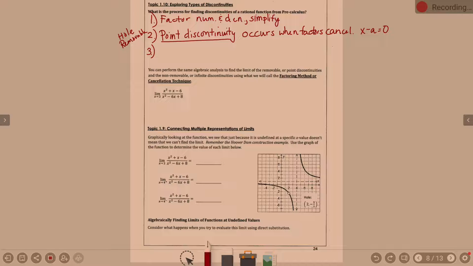The other piece we have is a vertical asymptote, which we also call non-removable discontinuities. What did she call those? I don't have it written down here. Did she call those infinite? I want to say infinite maybe, but she tends to go more with non-removable. So when does a non-removable discontinuity happen?